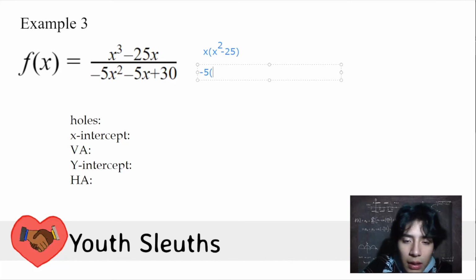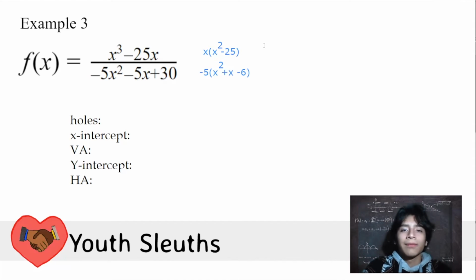So -5 times x squared plus x minus 6. There. Now we are not done yet because we didn't factor completely. So we bring over our x. Note that this is a difference of squares, so x minus 5 and x plus 5.